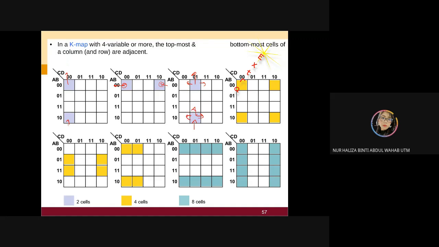It is just to show you that it is related to each other, which is adjacent. Which is bottommost cell, topmost. I don't want to read this. You can try to read. But the first thing that you need to know, you need to look into atas, bawah, kanan, kiri. Then you know that is the adjacent to each other.